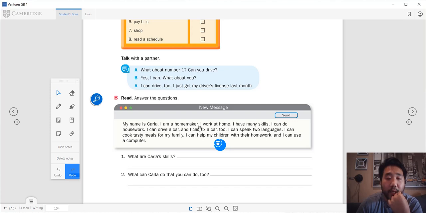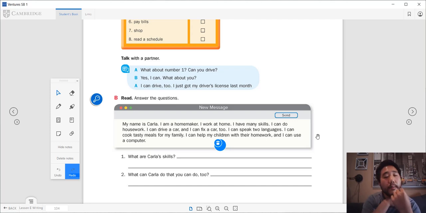I'm a homemaker. I work at home. I have many skills. I can do housework. I can drive a car. And I can fix a car too. I can speak 2 languages. I can cook tasty meals for my family. I can help my children with their homework. And I can use a computer.